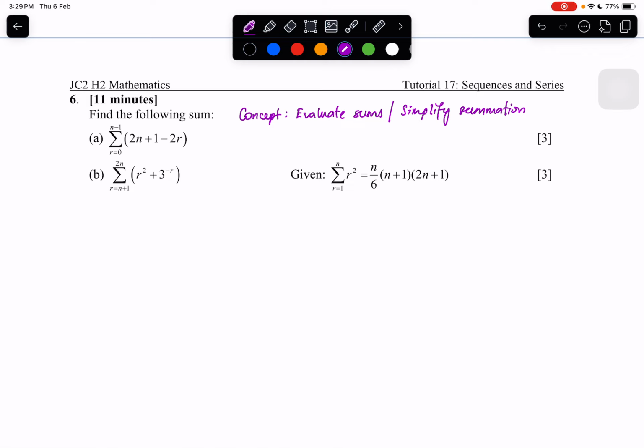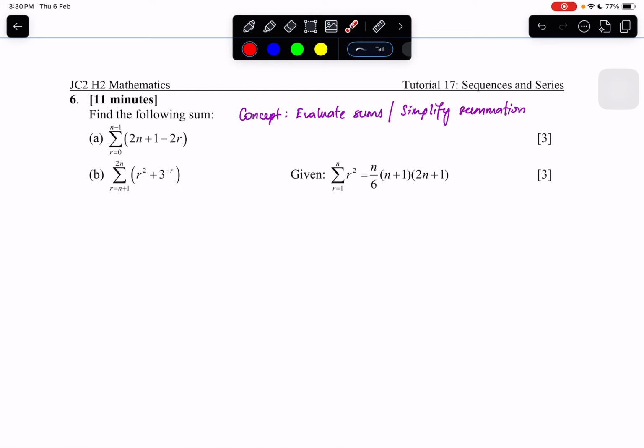If we were to include numbers, it will be very easy, and your GC is capable of calculating these numbers. So as a basic practice, you should be playing with numbers and working with easy summations, so that you can test that your theory and concept is consistent with what is calculated in the calculator.